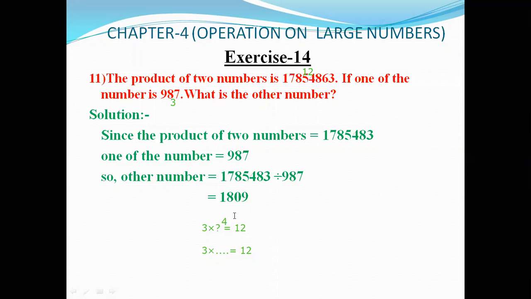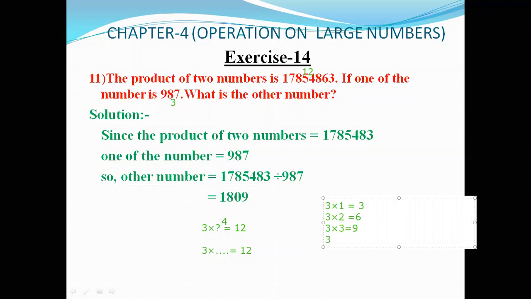In this method, we use supposing. This method is called the trial and error method. 3 into 1 is equal to 3. When we multiply 3 into 2, we get 6. When we multiply 3 into 3, we get 9.